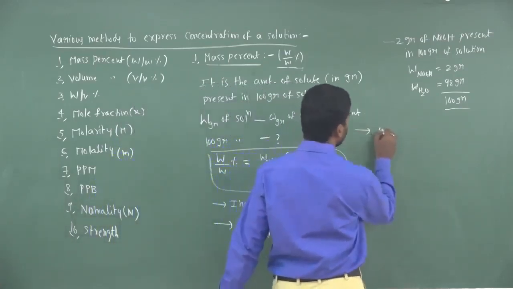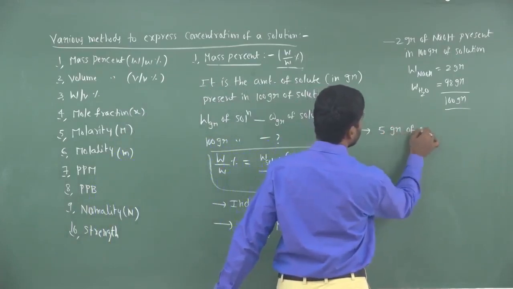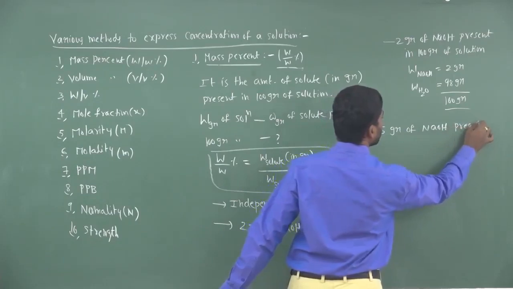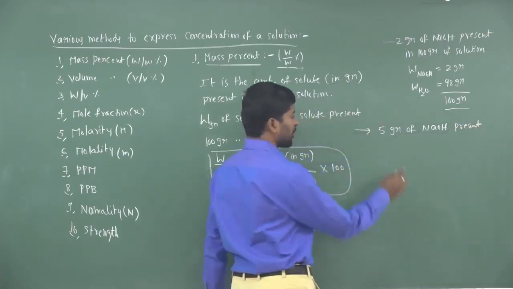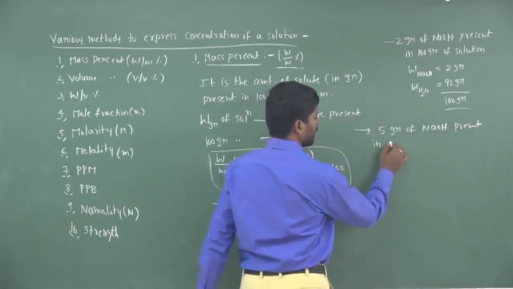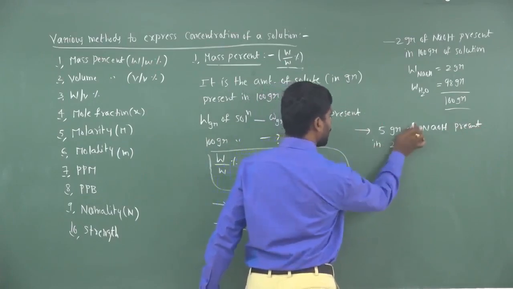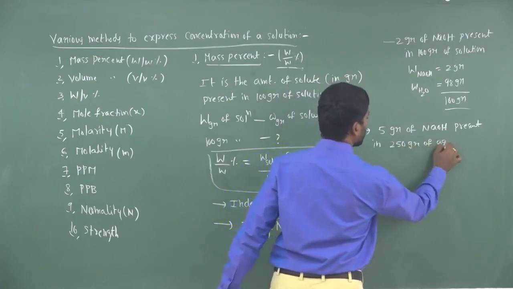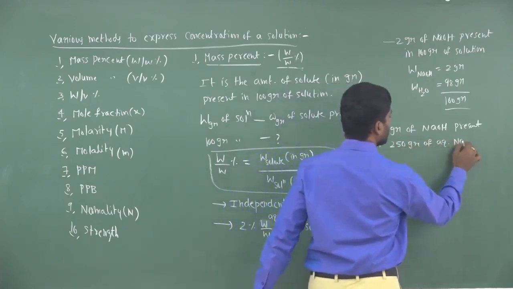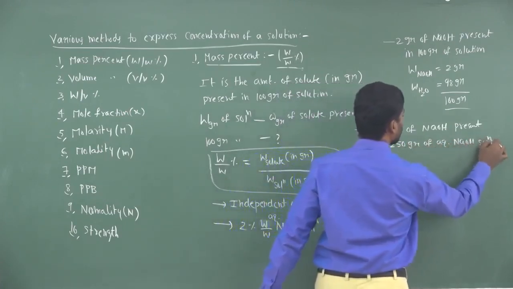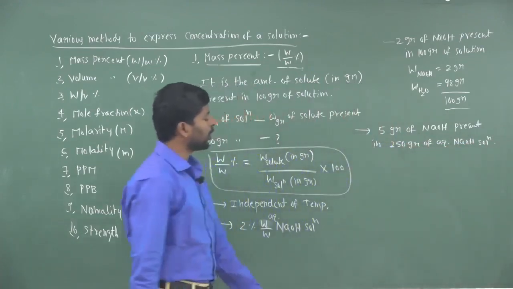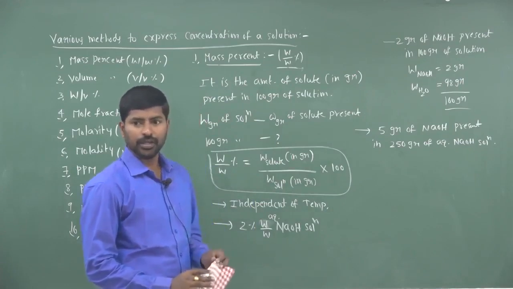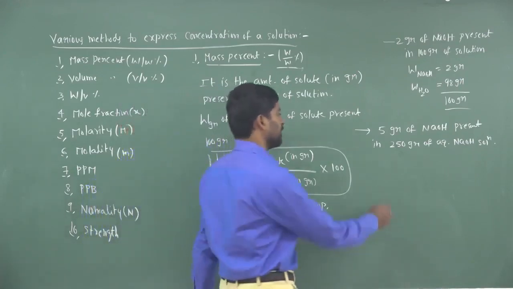For example, 5 grams of NaOH present in 250 grams of aqueous NaOH solution. Then what is the weight by weight percentage?